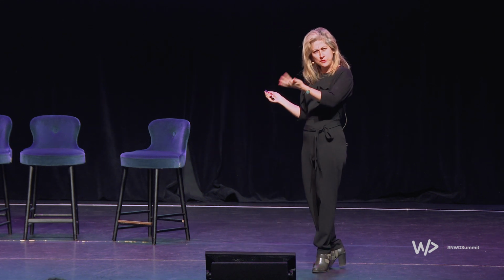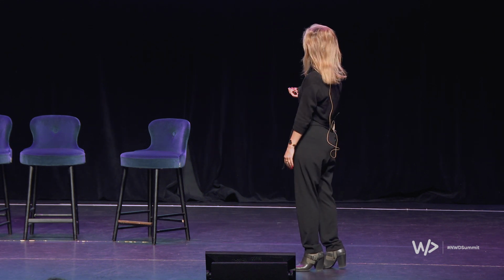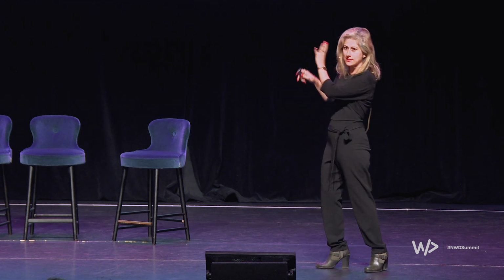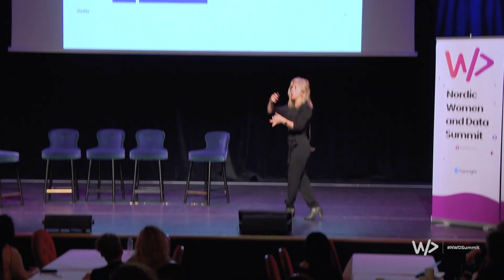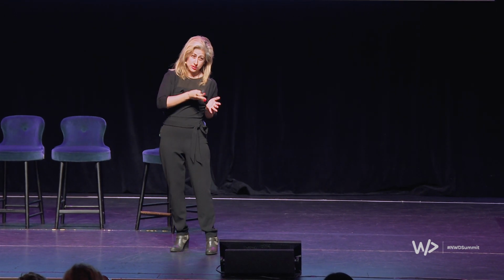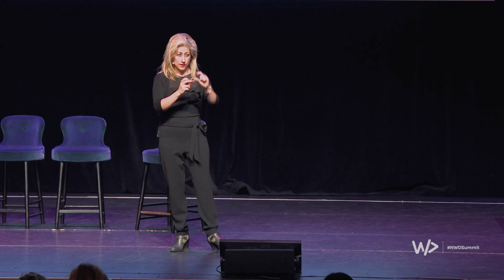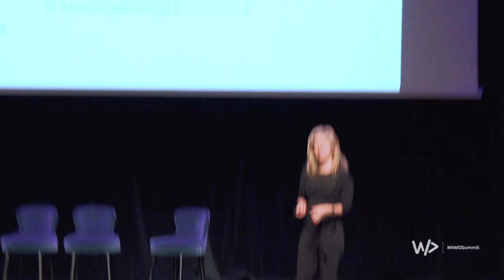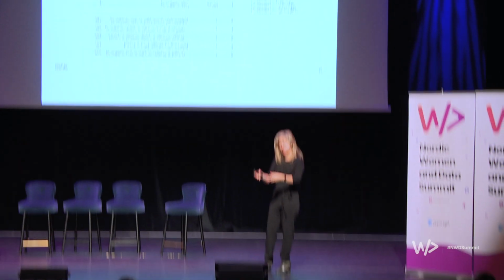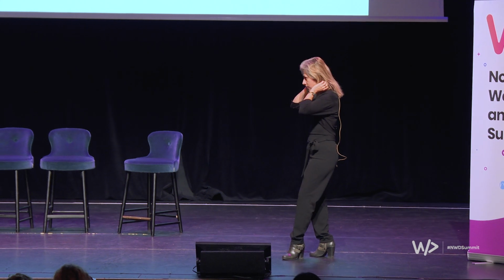But we created the first round of data sets, which you can see gets a bit complex, because you need to remove the duplicates or repeated data that you have. You need to extrapolate, build the missing data and make sense of it, and come up with your first data set to put into the model.